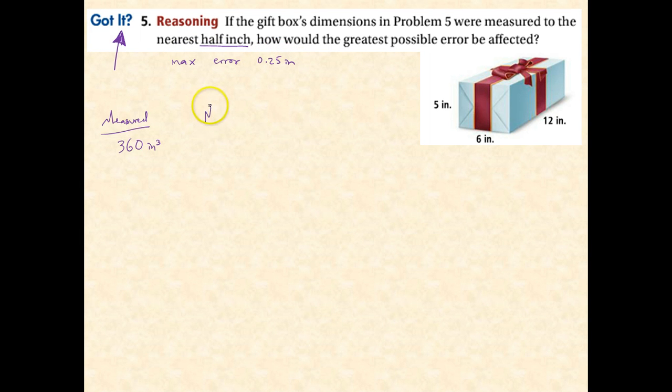So my minimum would be if these were all short 1/4 of an inch. So that would be 11.75 times 5.75 times 4.75.